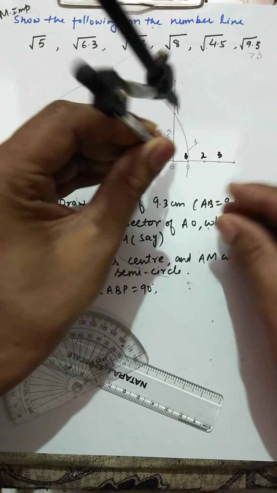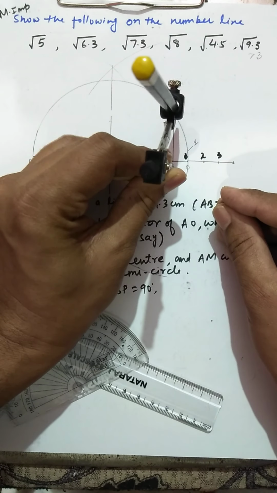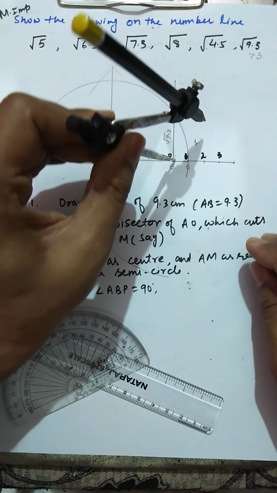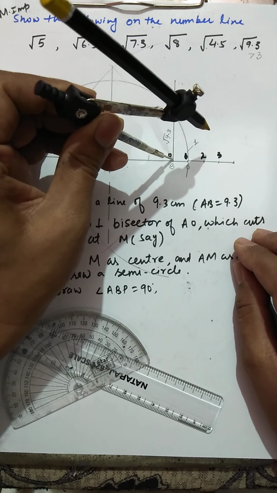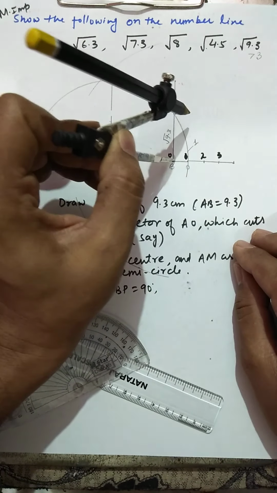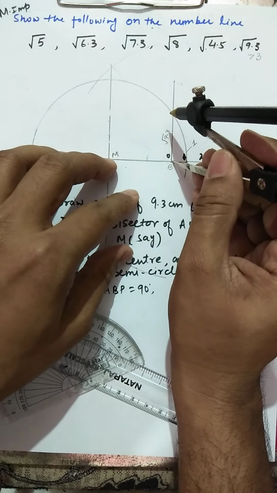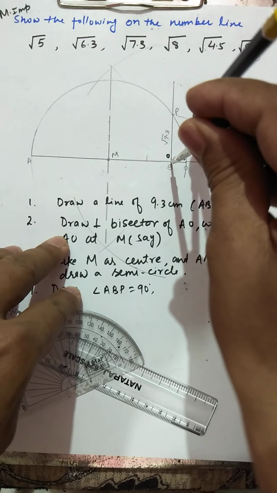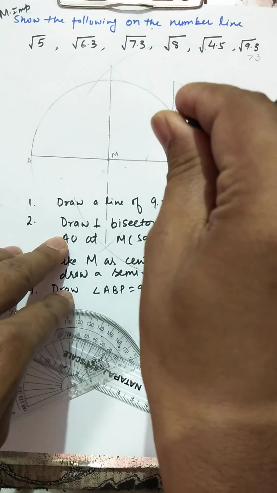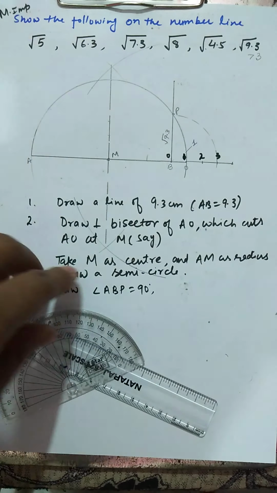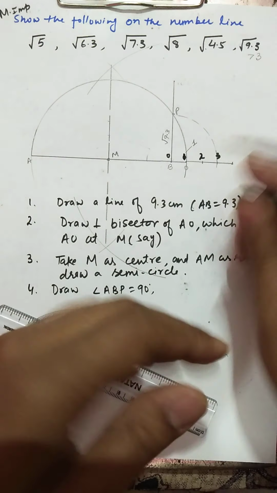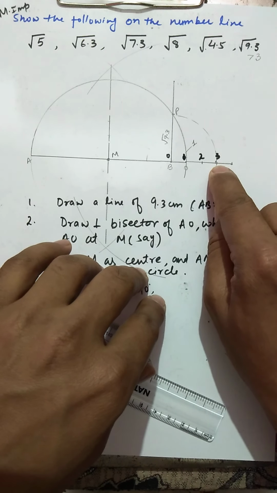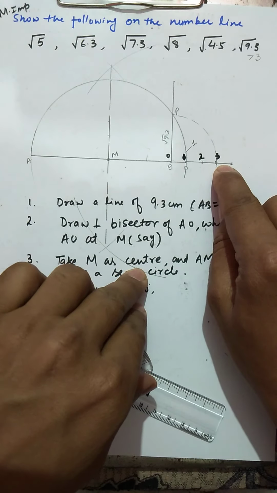So if I make an arc, then this will be coming somewhere at more than 3. So this is 3 and this is just very close to 3.